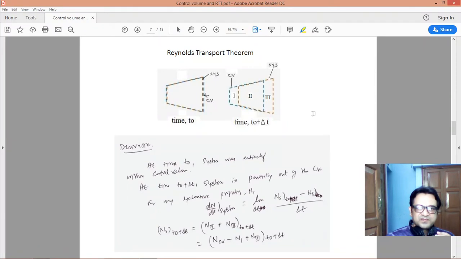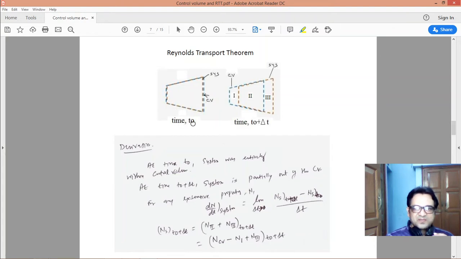Now the most important topic, the Reynolds transport theorem. How will we derive this? We choose a system and we consider the whole system as the control volume. Initially at a time t naught, the system and the control volume are the same.